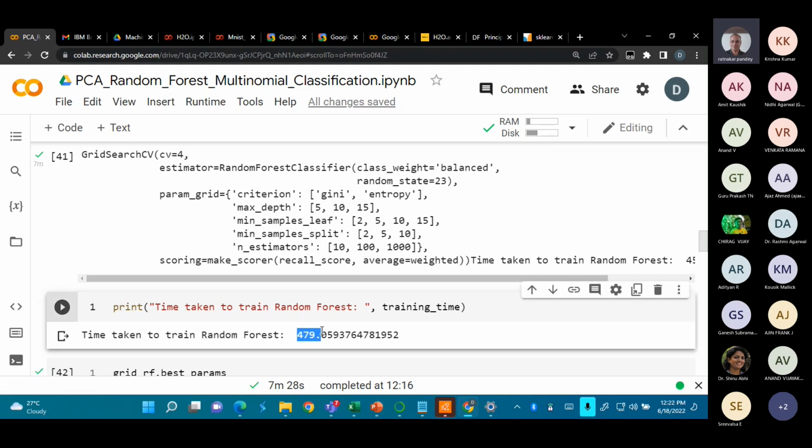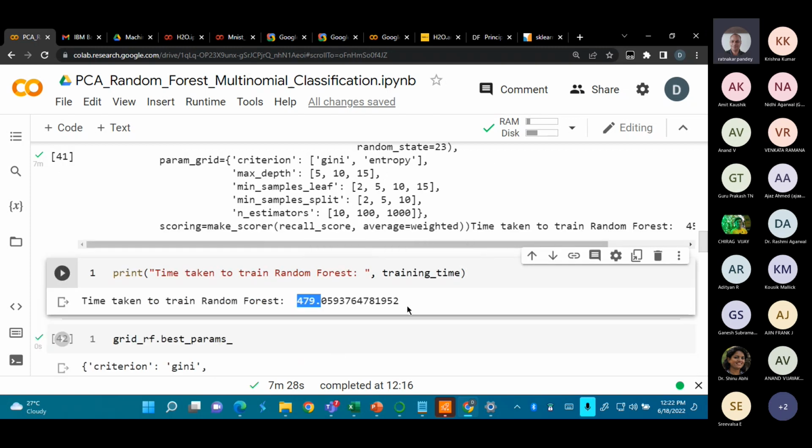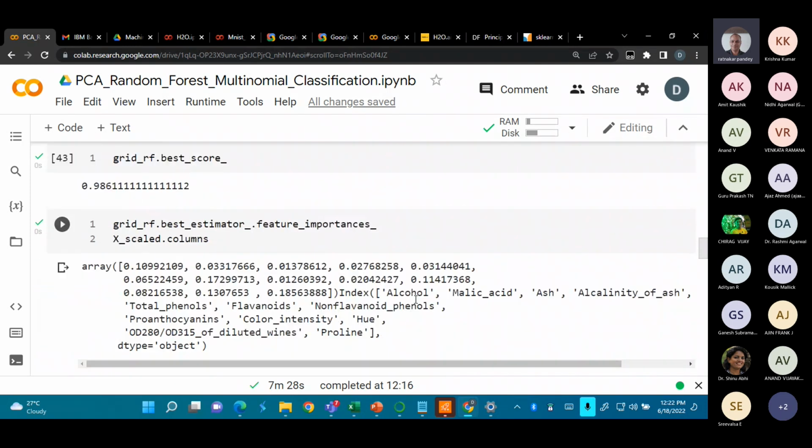So a slight reduction in the fitting time, but because the data itself is quite small, that may not necessarily be significant, but you'll see that this will turn out to be important in certain cases, right? 479 to 448. I'm using random forest, same parameters, everything. So you can see some reduction in the fitting time.